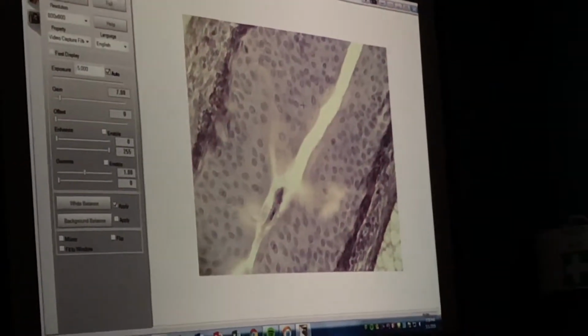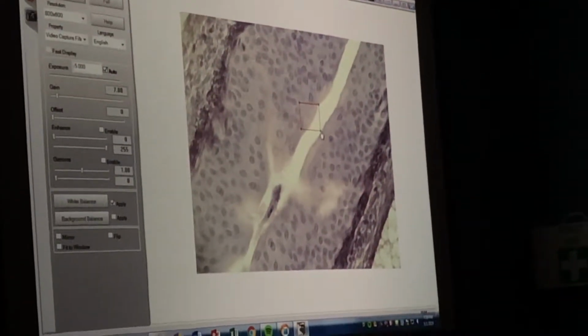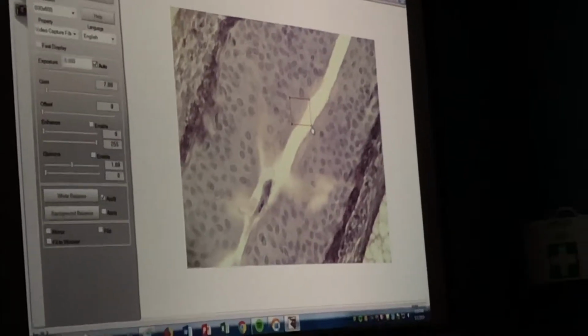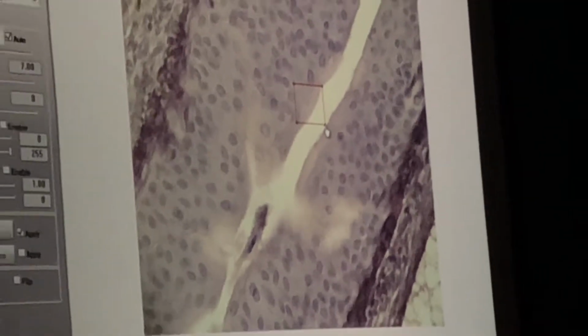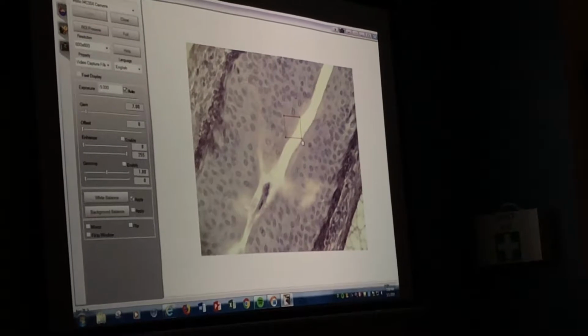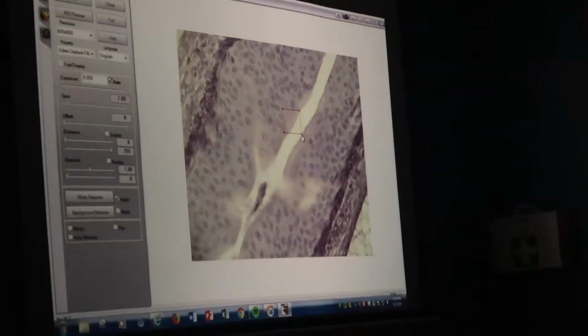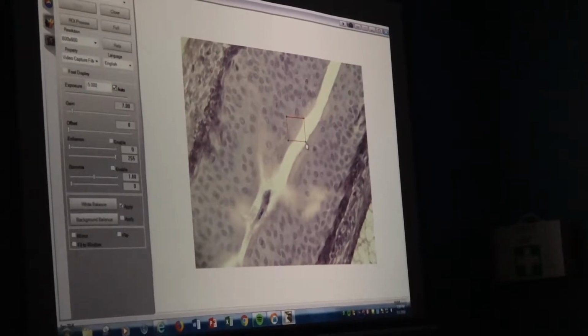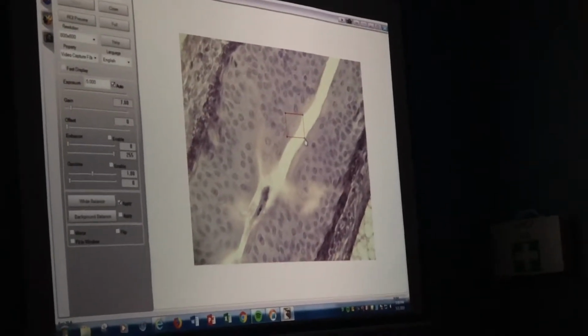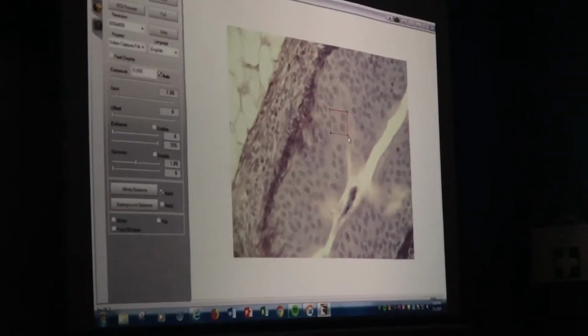Look at these cells right here. It is transitional. So what would be a tube that has transitional epithelium that's right next to the kidney? So that's going to be my ureter. Okay? All right. Questions about that?